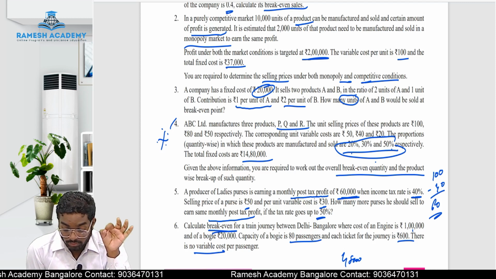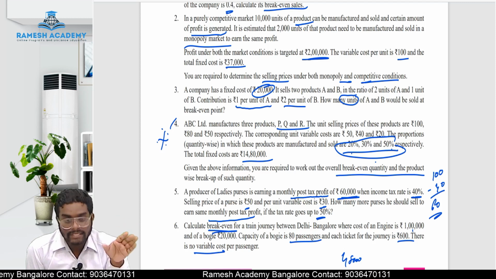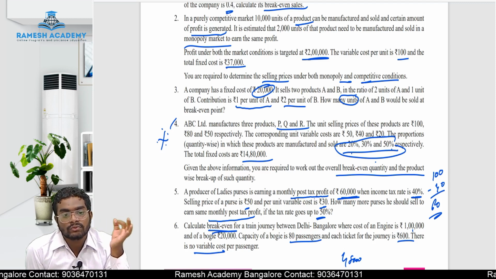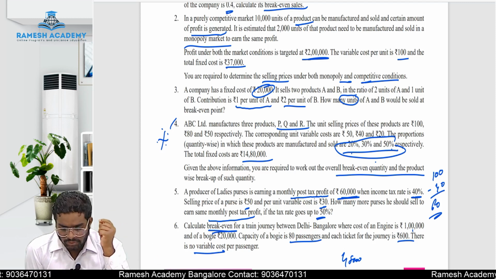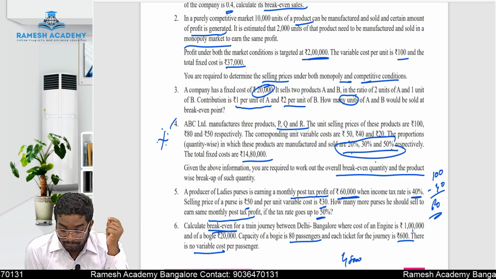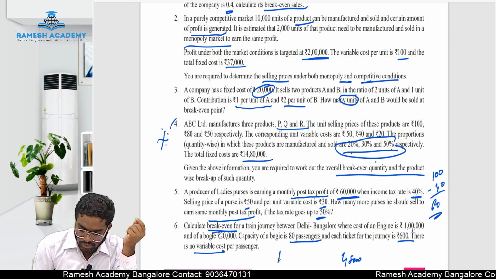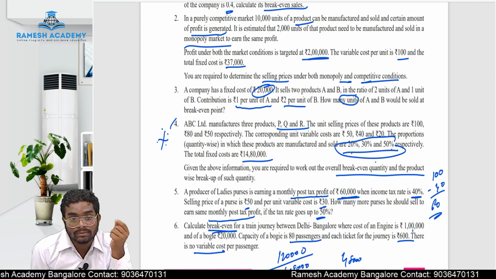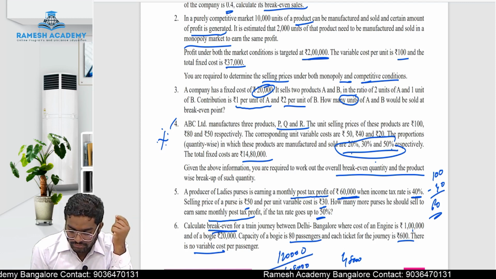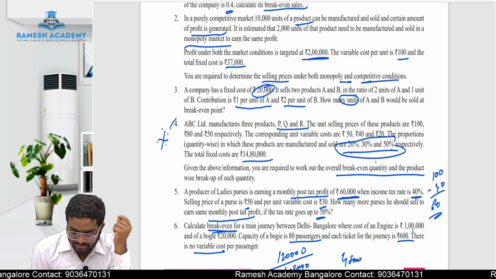To calculate the break even, I have the fixed cost, which is 1,20,000, and the PV ratio, which is 100%. So now I will calculate it per unit: 1,20,000 divided by 48,000, which is the contribution per train. So you will get 2.5.